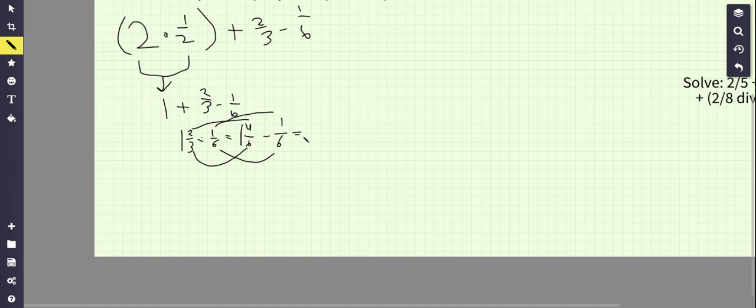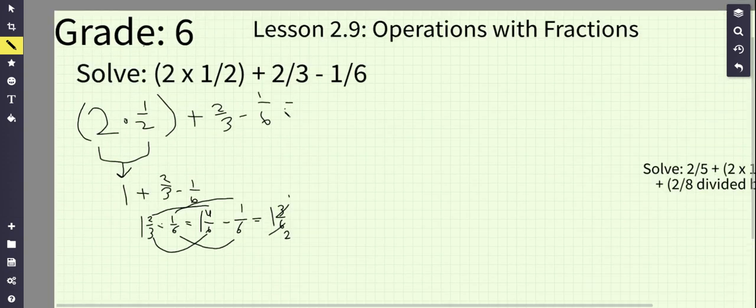And that equals 1 3/6. And remember, for equivalent fractions, we can cross-cancel and make it 1/2. So this equals 1 1/2.